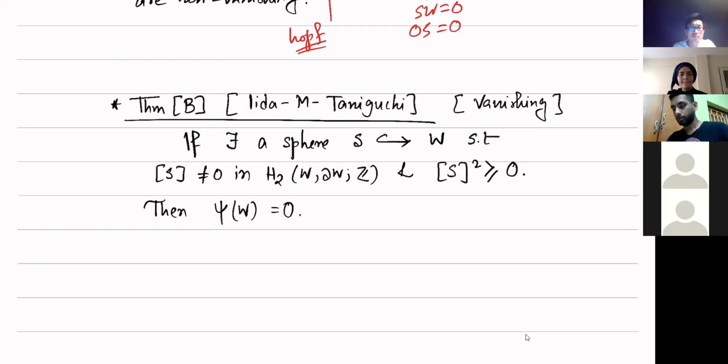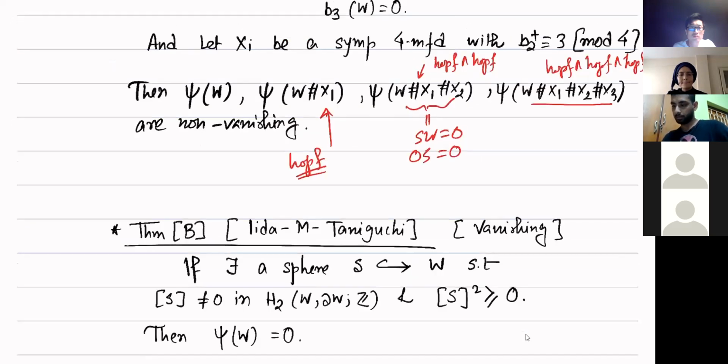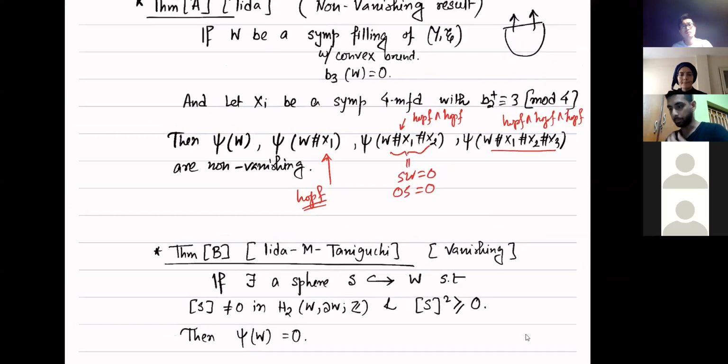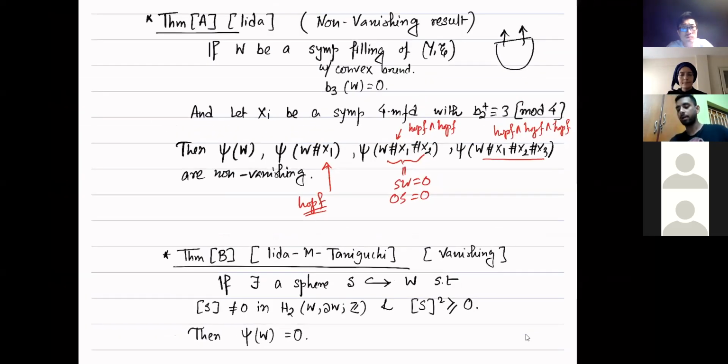Okay, I can fit them on the same page. So now our goal is to play around with these two results. Theorem A says that this particular invariant is non-vanishing in various cases, and theorem B says that if there exists a non-trivial sphere with non-negative self-intersection number, then this invariant vanishes.